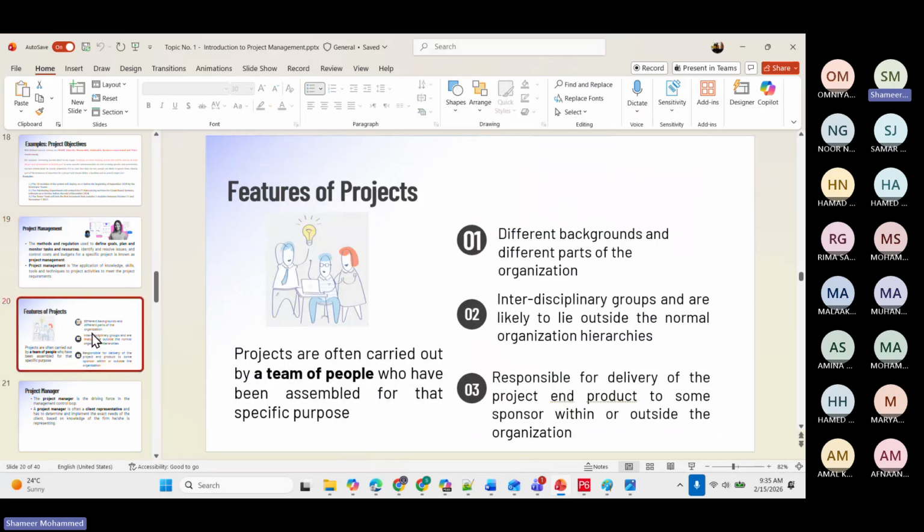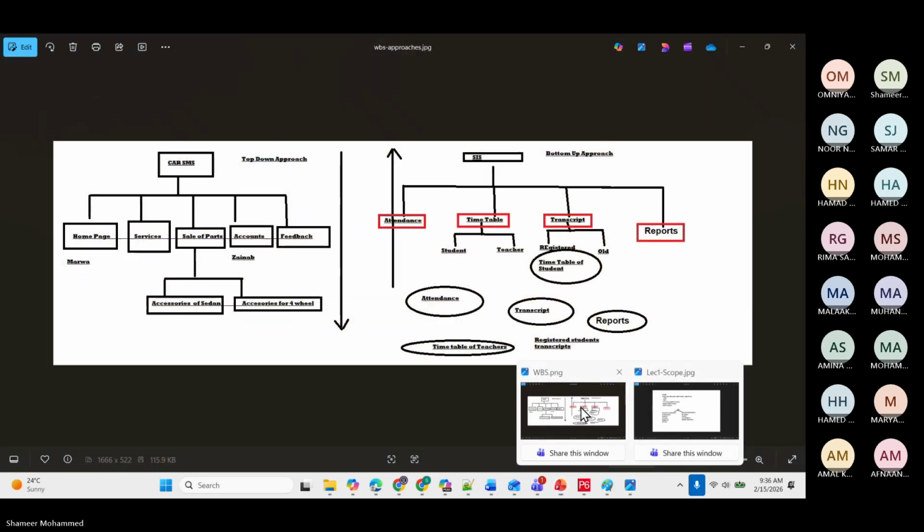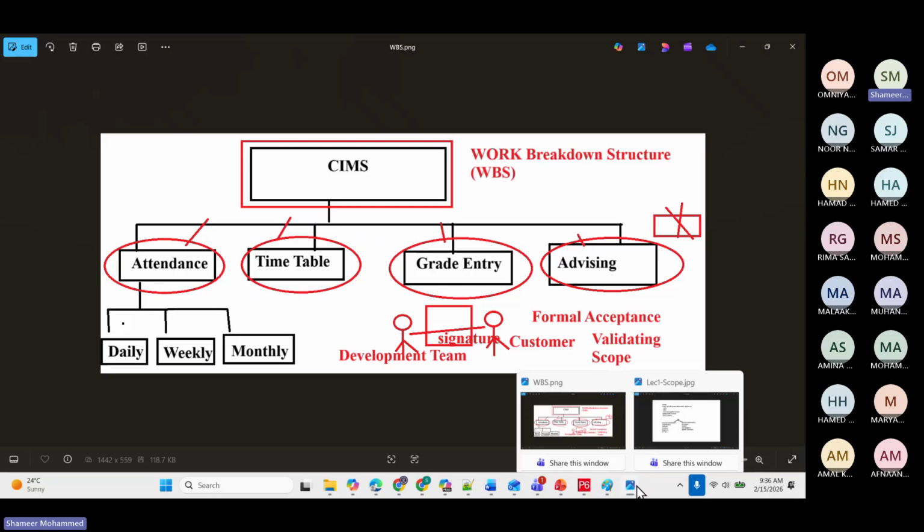Now, coming to the features of a project. What are the features? See, now in the project, you have teams. In the diploma course project, you have a team of 3 students or 4 students. Similarly, when you go to the IT companies, you will have teams like this.